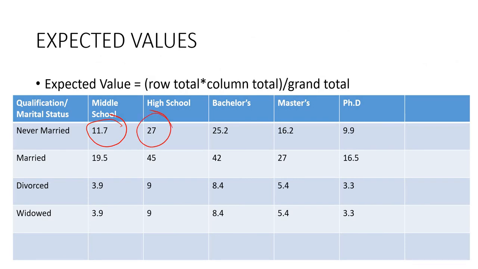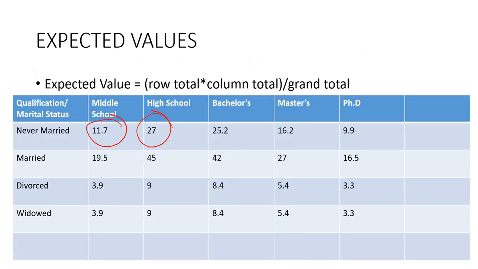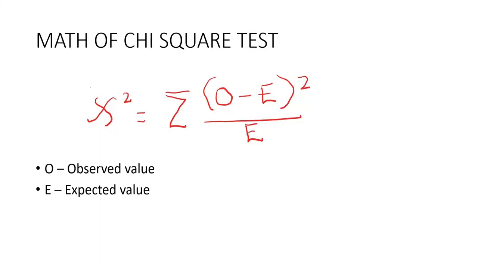Like this, you can calculate all the values corresponding to the previous table, the observed values. Here we calculate the expected values. This is the formula for the expected value in statistics. We need the observed values and expected values to calculate the chi-square. That's why we are calculating the expected values as well.